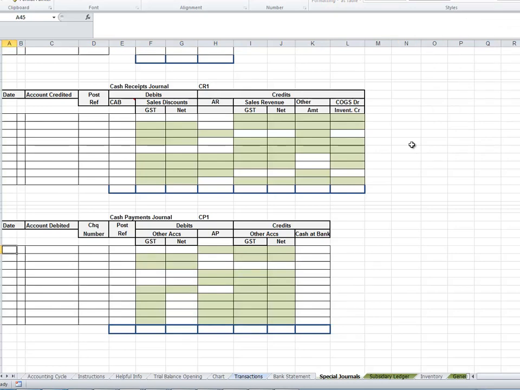Righto, cash payments. June 4. Account, freight, check number 0611, or we can just put 611. Posting reference, we haven't posted it yet. Now it is 1660, it's 2750. Now that's a payment we made, that's a bill we've got, so it's going to include GST.